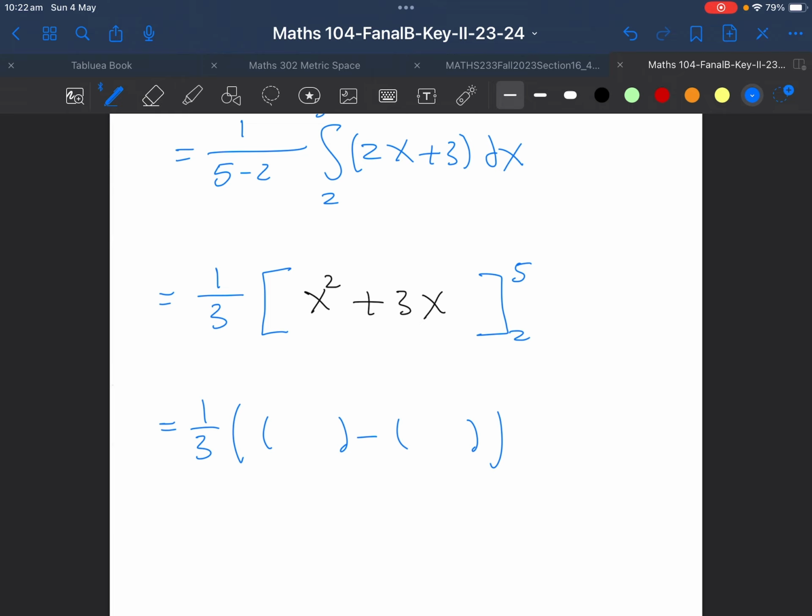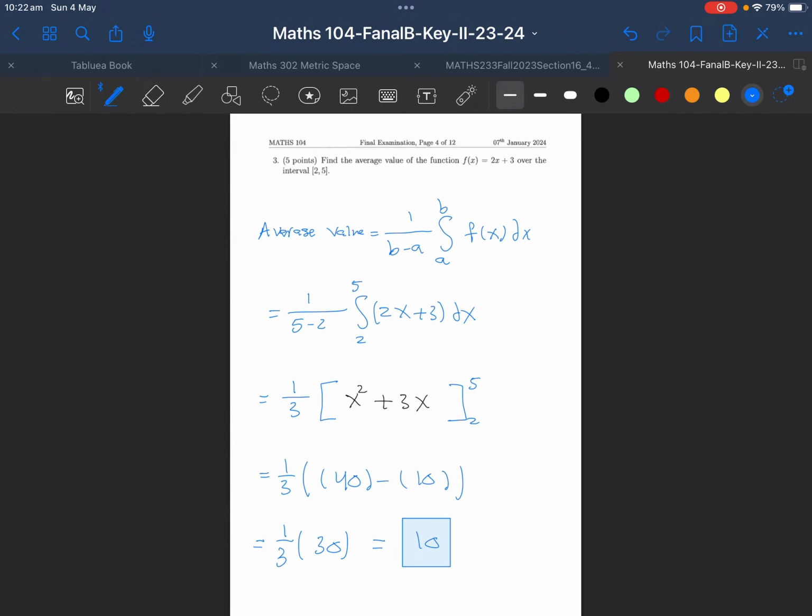It would be 5 squared plus 3 times 5, which is 40. If you substitute 2, you get 4 plus 6, which is 10. And that is just 1 over 3 times 30. So the final answer is just 10. That's for the average value.